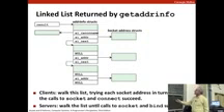The result that's returned by getaddrinfo is a linked list that is null terminated, just like most linked lists are.